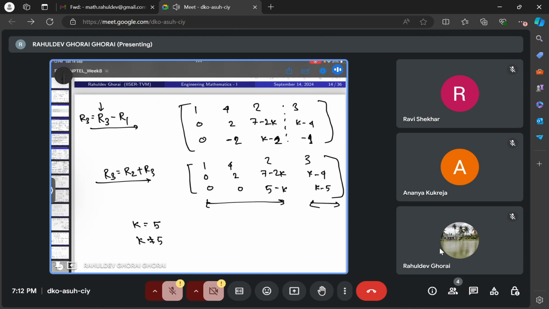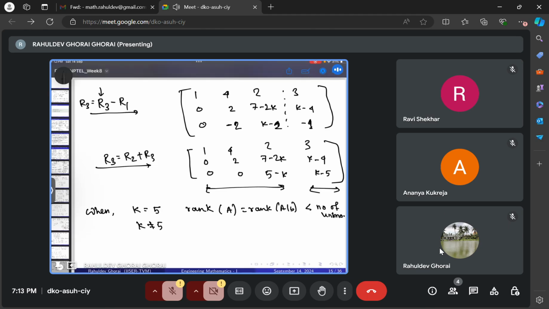But in this case, when k equals 5, rank of A is equal to rank of A augmented B, and that is less than the number of unknowns, right? And in the other case, rank of A is equal to rank of A augmented B, and that is equal to the number of unknowns, right?